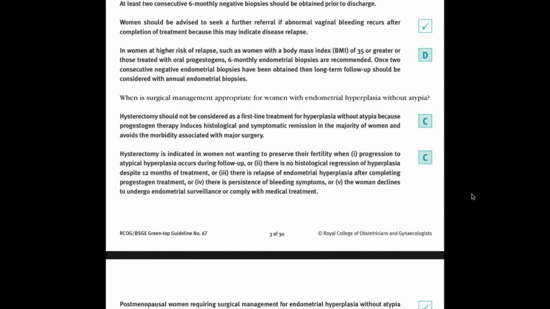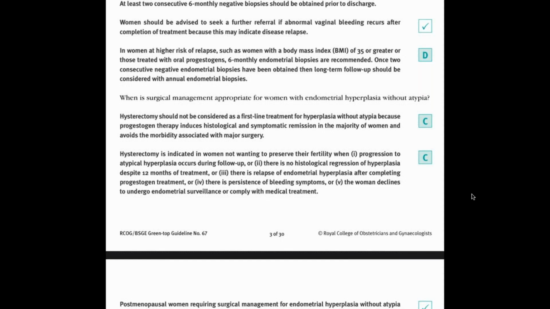Two, there is no histological regression of hyperplasia despite 12 months of treatment. Three, there's relapse of endometrial hyperplasia after completing progesterone treatment. Four, there is persistence of bleeding symptoms. Five, the woman declines to undergo endometrial surveillance or comply with medical treatment. These are your indications for a hysterectomy in endometrial hyperplasia without atypia.